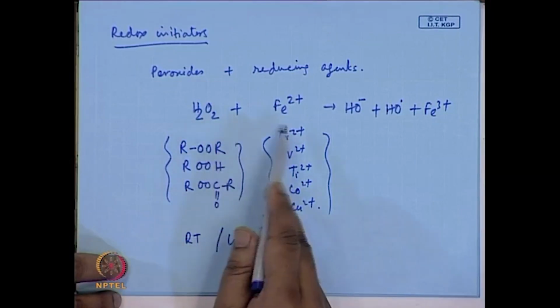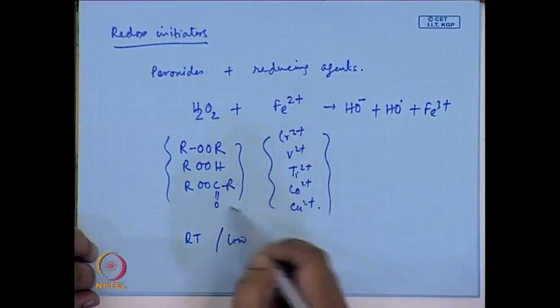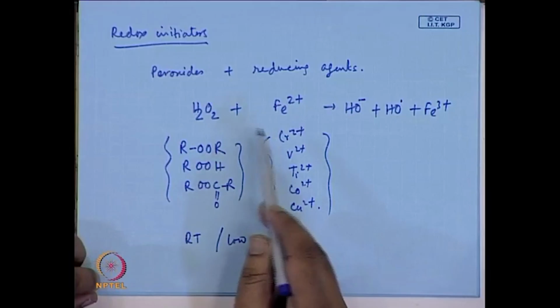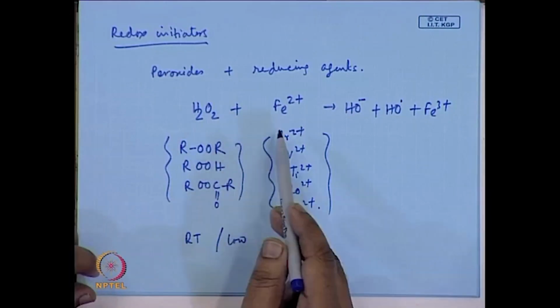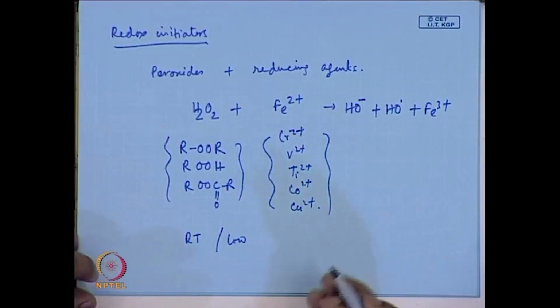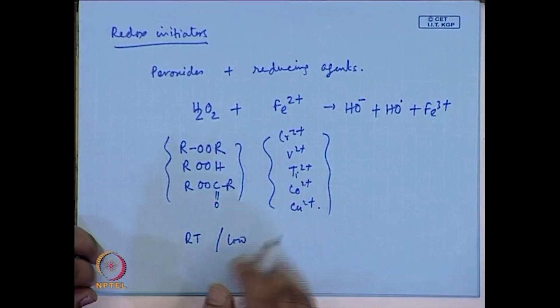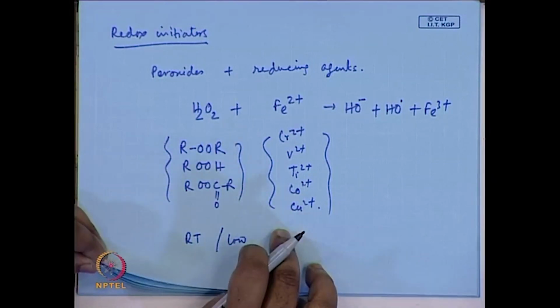As these are soluble in aqueous medium, you can carry out aqueous radical polymerization using a redox initiator like this, and if you want to do radical polymerization in emulsions, this type of initiator can also be used.